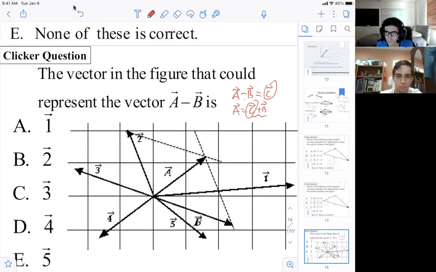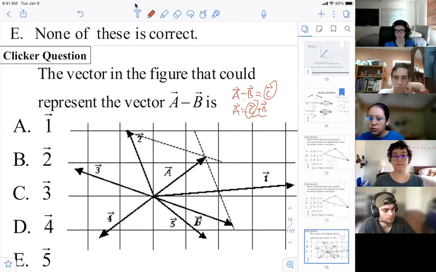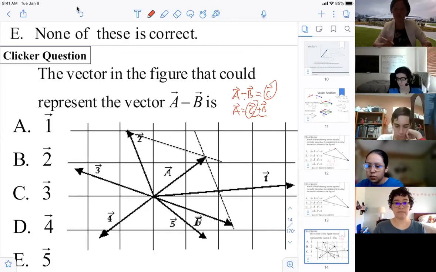When you come back, please put in your vote for this question. Okay, people have already come back.